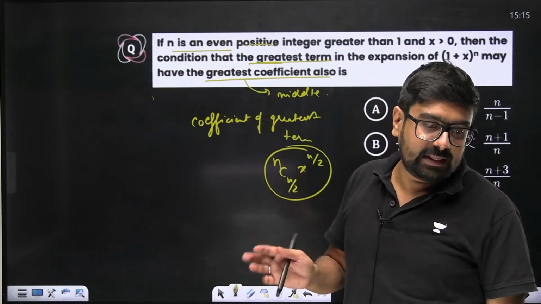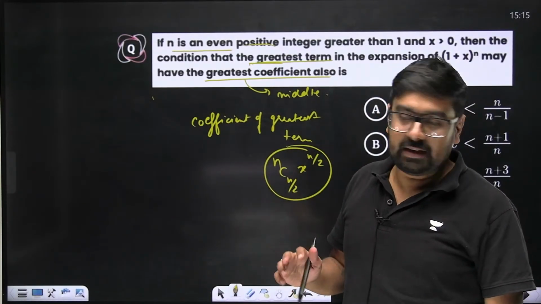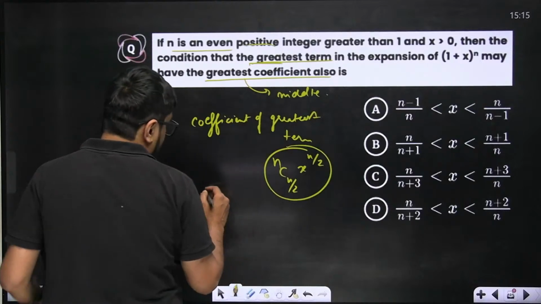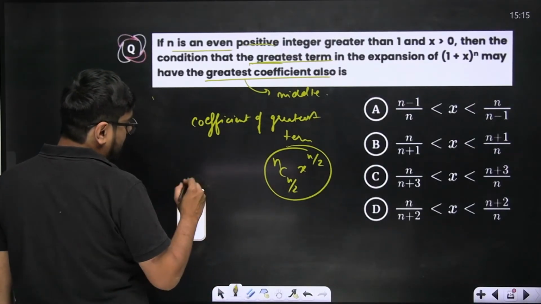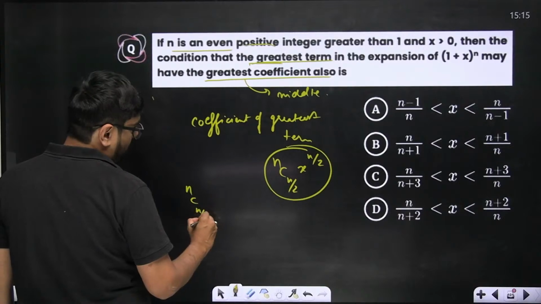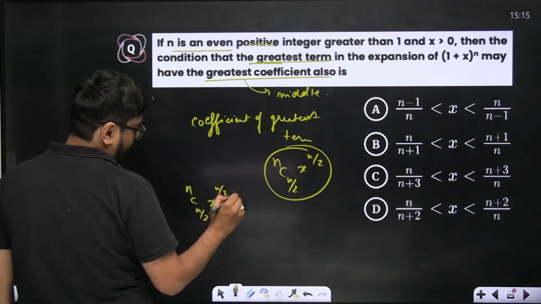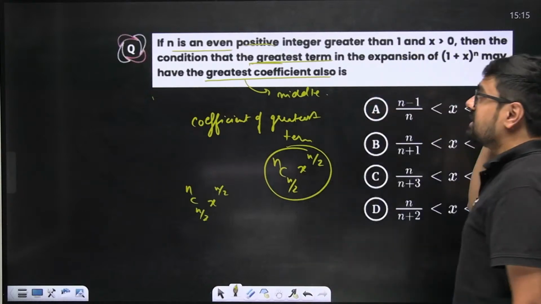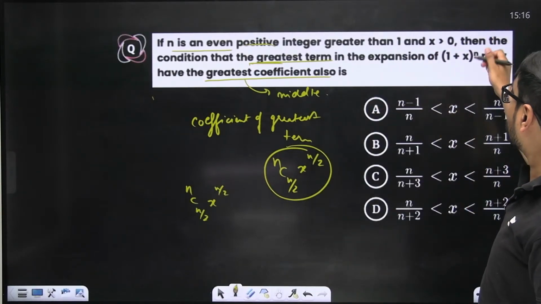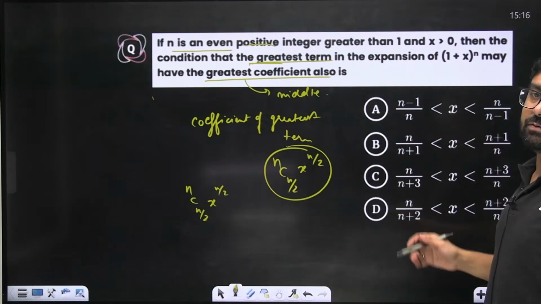This should be greater than the previous term and greater than the next term. Taking the middle term: if n is 6, then in 7 terms, which will be the middle term?